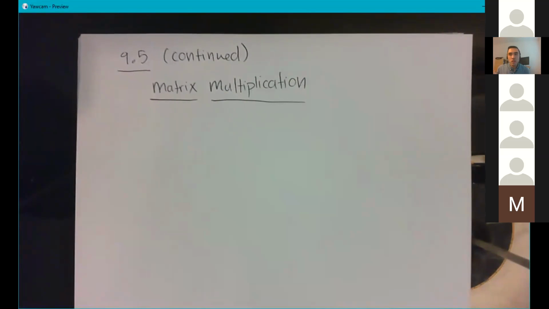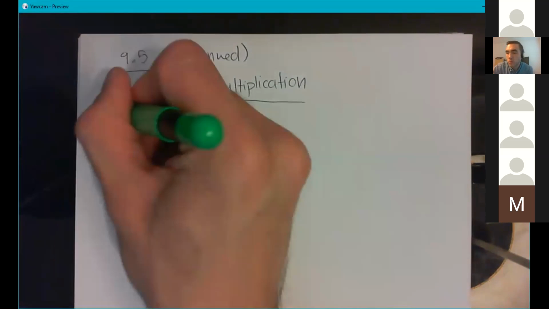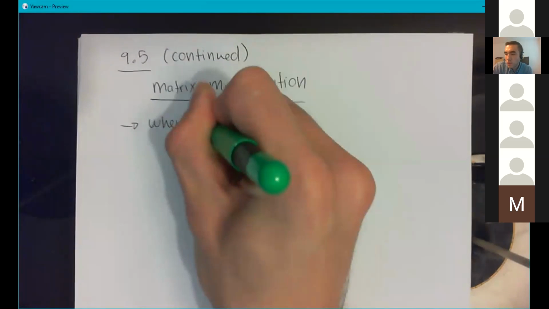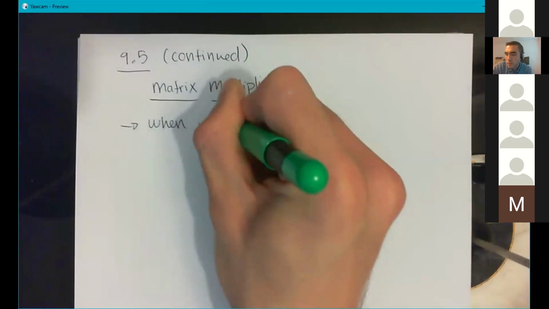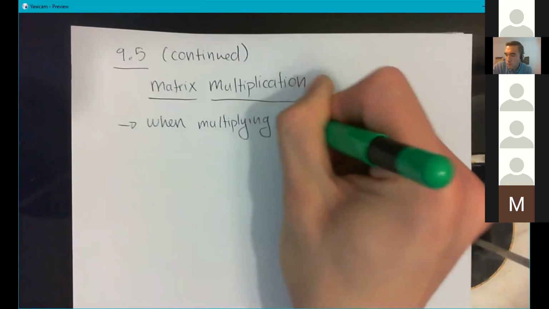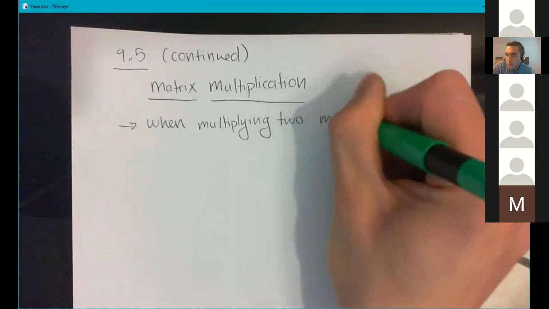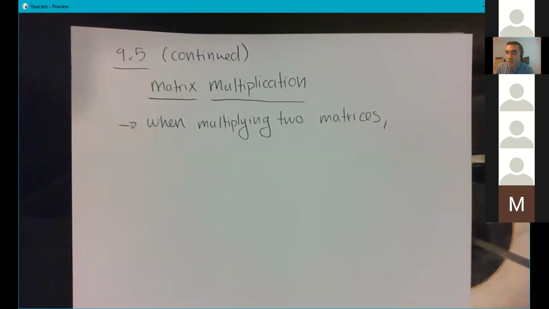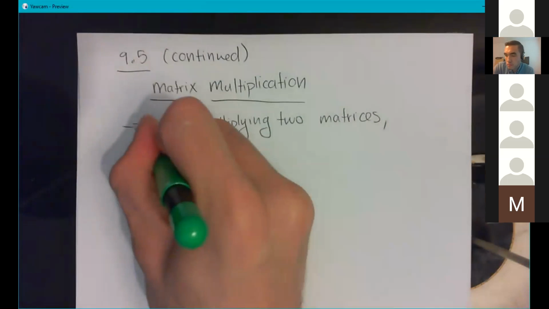So the first thing to consider is that when multiplying two matrices, the first thing that we have to consider is the dimensionality of those matrices.